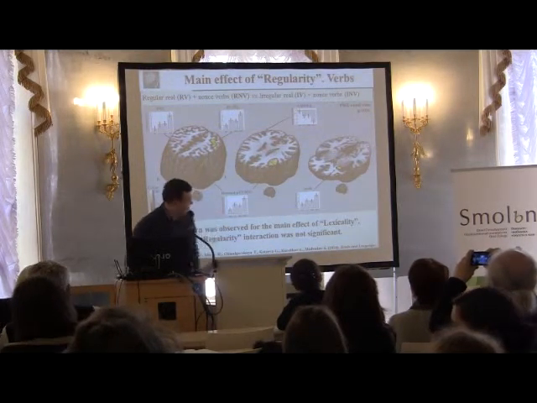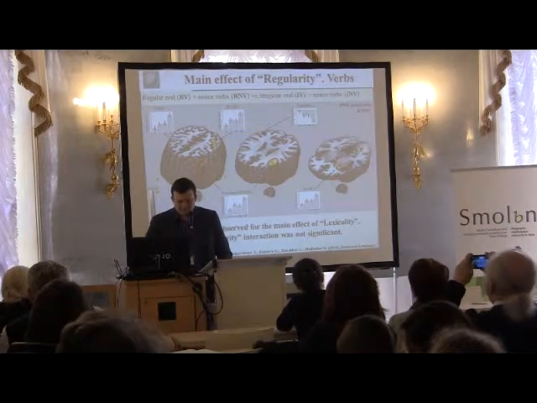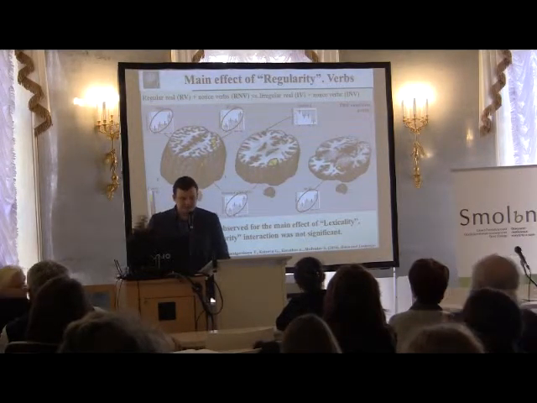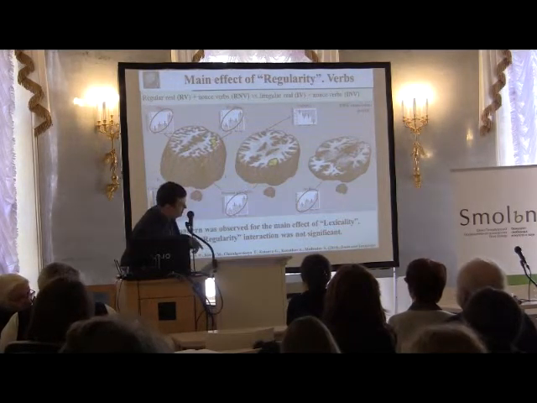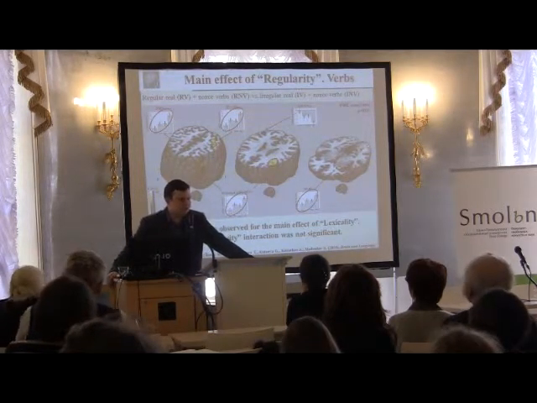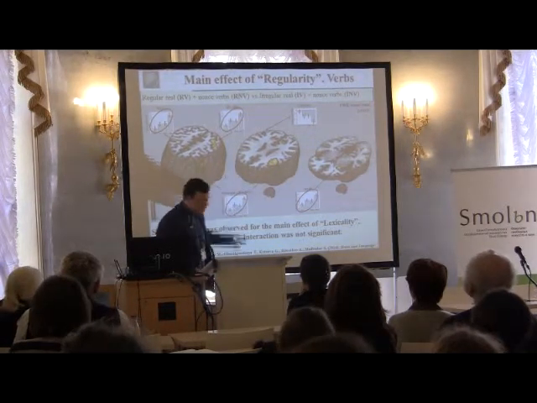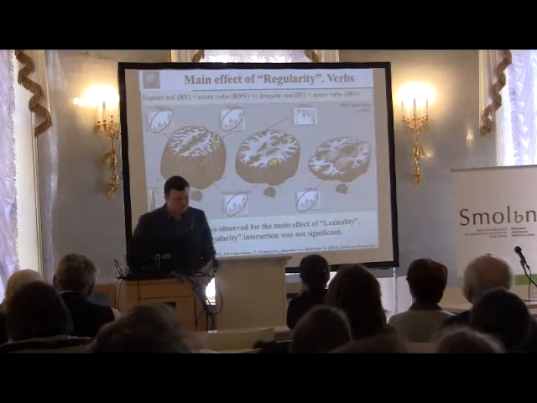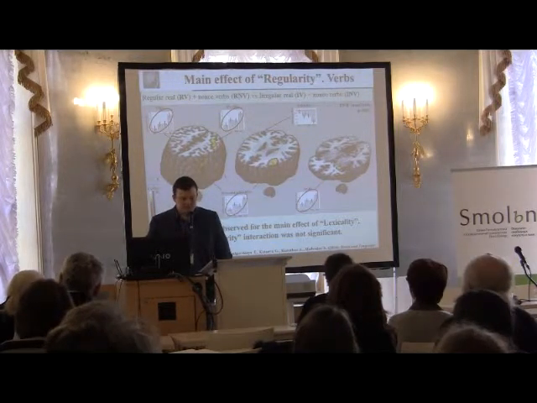If you look at some bars denoting the level of functional activity in those areas, the first bar is for the regular verbs, the second one is for irregular, the third one is for regular nonce verbs, and finally the fourth one is for irregular nonce verbs.